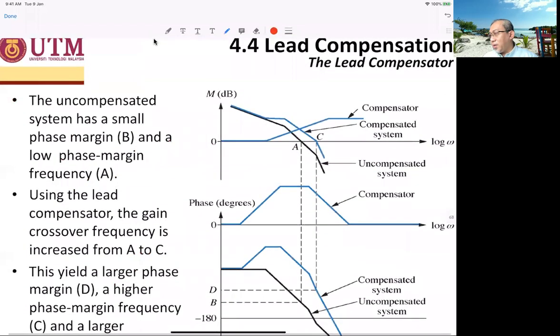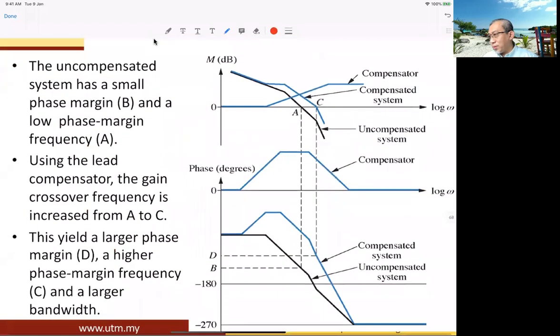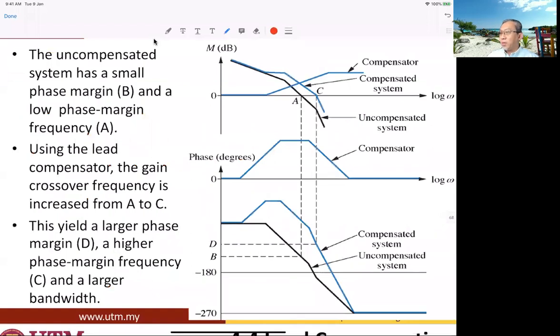So what does lead compensation actually do? It is based on the graph on the right and the explanation on the left. The uncompensated system, before design, has a small phase margin and a low phase margin frequency, omega Pm, very low.